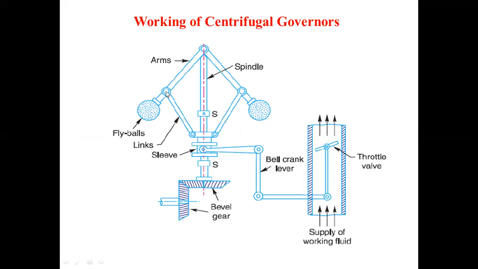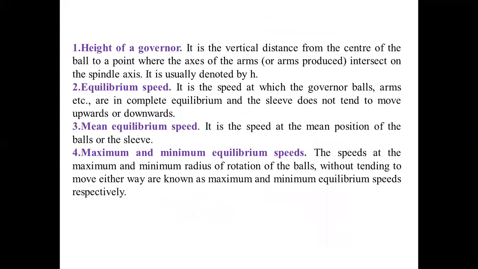Radius of rotation is the distance from the ball center to the axis of rotation, the axis of the spindle. At the maximum equilibrium speed, the balls fly out and move upward due to increasing centrifugal force on them, and therefore the radius of rotation increases.